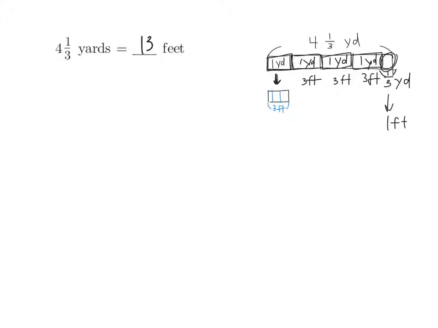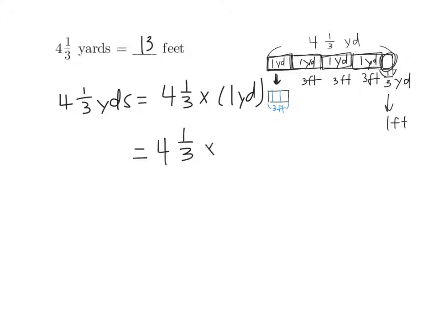We can also use unit conversions to show this. So we know that 4 1/3 yards is equal to 4 1/3 copies of 1 yard. Remember, now we want to keep whatever's inside our parentheses, this part right here, equivalent, but I want to change it to feet. So I know that 4 1/3 copies of 1 yard is the same as 3 feet. Now I'm ready to multiply.